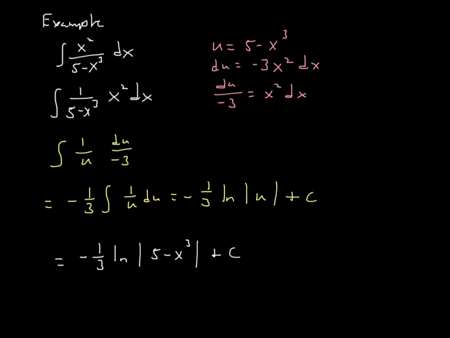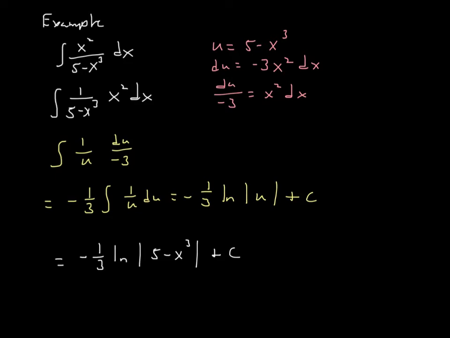U goes into the denominator, so this becomes 1 over u. And the x squared dx, we know that's du over negative 3, so I replace that with du over negative 3. So I now have, in terms of u, the integral of 1 over u times du over negative 3.